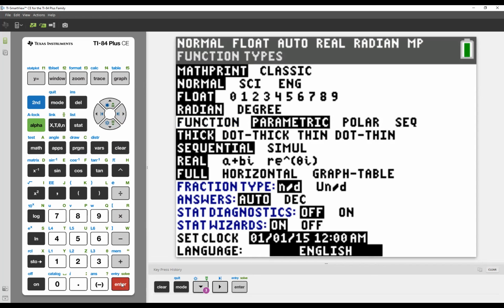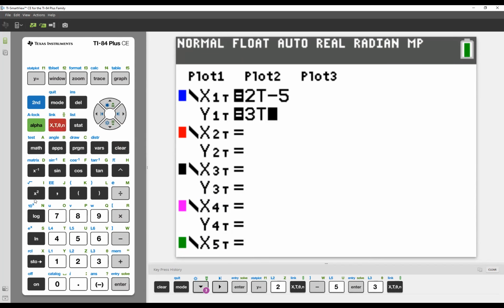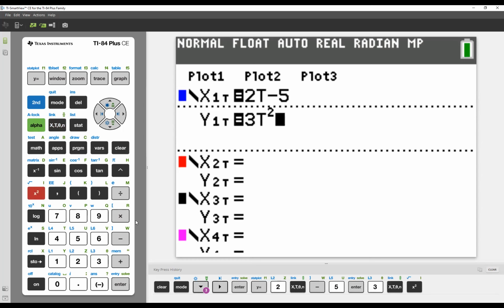And then when you go up to the y equals, you'll see an x of t and a y of t. And so if I do that same equation, which was x equals 2t minus 5, I'm going to put that in there. 2 t, and the x button here that gives you x is now typing t's for us instead. 2t minus 5 was our x value, and the y value was 3t squared, and then I think it was minus 1.